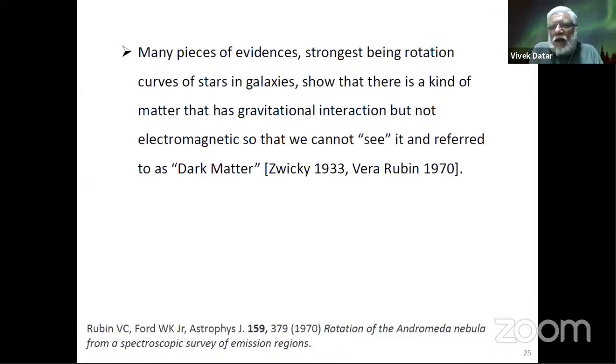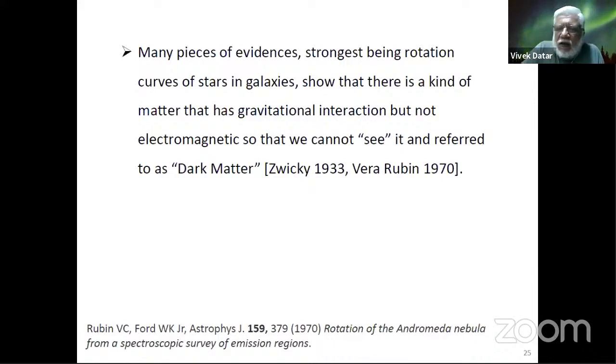That means the normal matter: neutrons, protons, nuclei, electrons, and photons. So there is some other kind of matter which interacts gravitationally, but does not interact through the electromagnetic or strong interactions, or the interactions that we know. The only interaction it seems to have is the gravitational interaction.